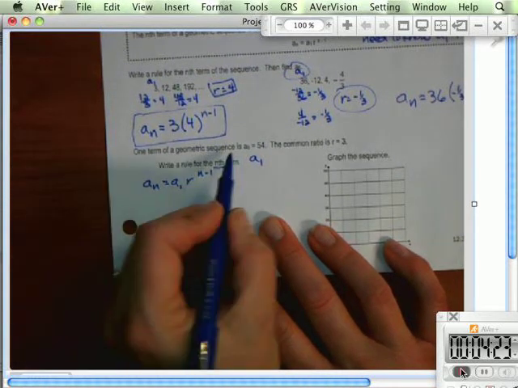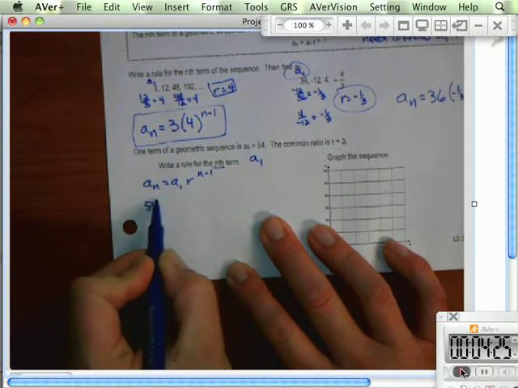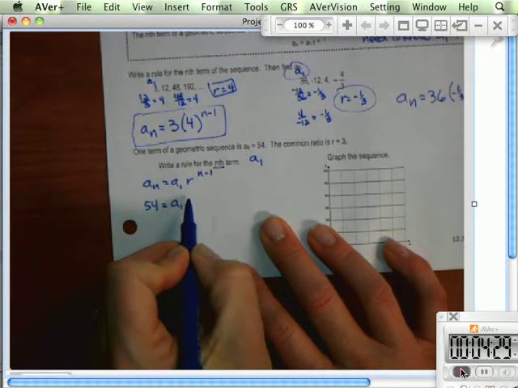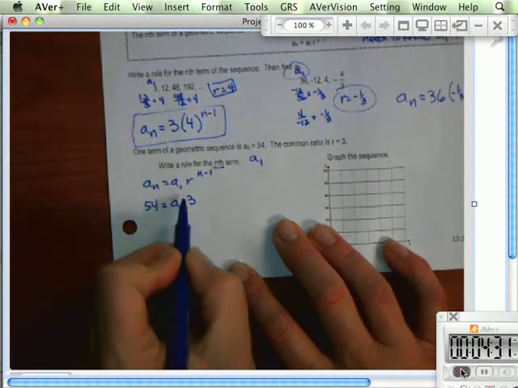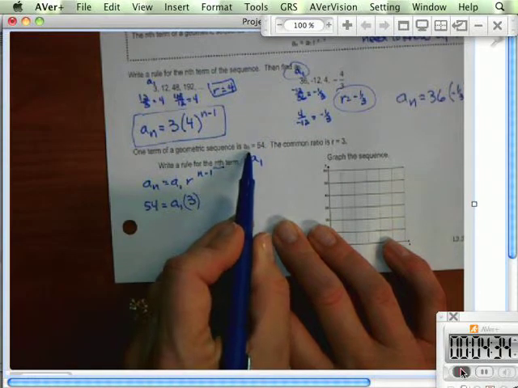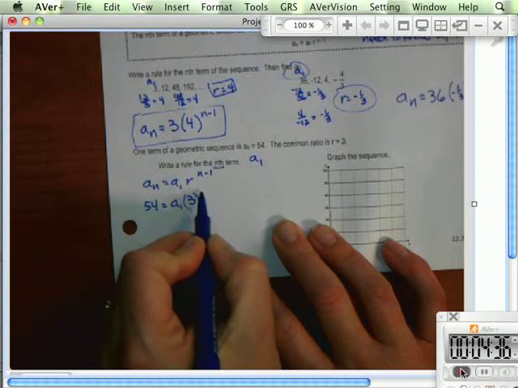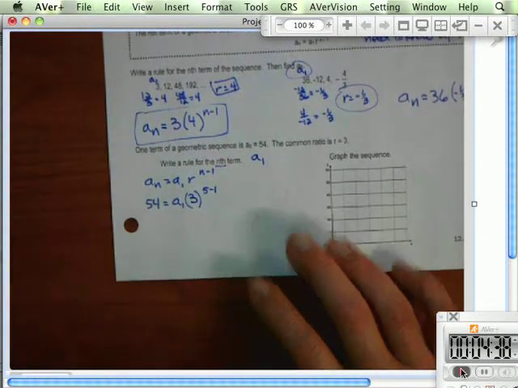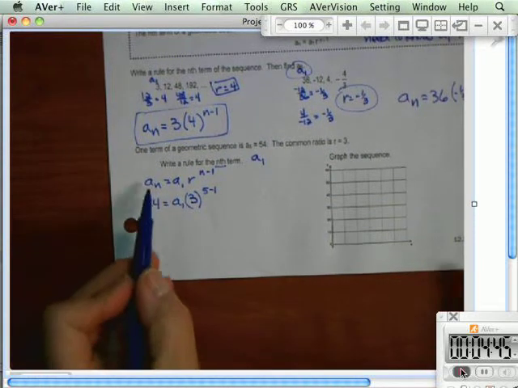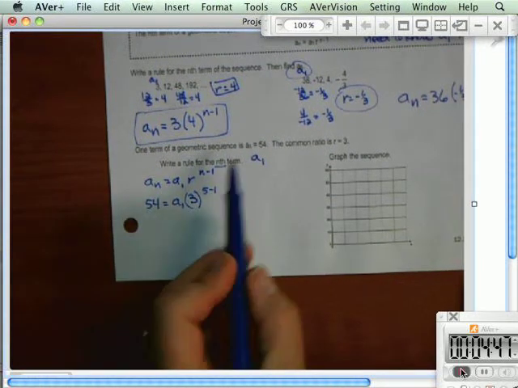I know this is 54. I don't know A1. I know my ratio is 3. Put that in parentheses. And I know my n is what number? 5. So I'm going to do 5 minus 1. So I plugged in what I do know. I thought 54 is A5. It is. It's my output. And the 5 is the input. Okay?